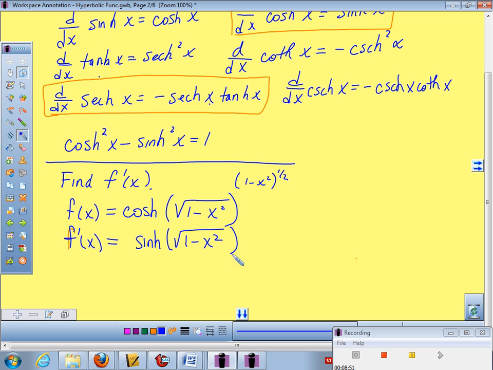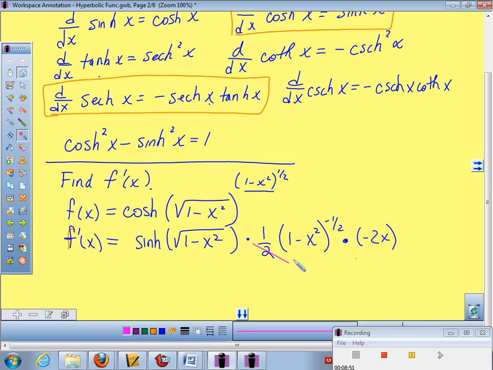And since that square root is the same thing as this quantity up here to the 1/2 power, I'm simply going to put a 1/2 in front times 1 minus x squared to the negative 1/2 times the derivative of the inside of it, which would be negative 2x. Now, you are going to have to do a little bit of simplifying, but there's nothing very fancy here.